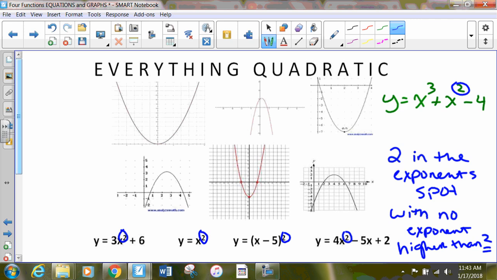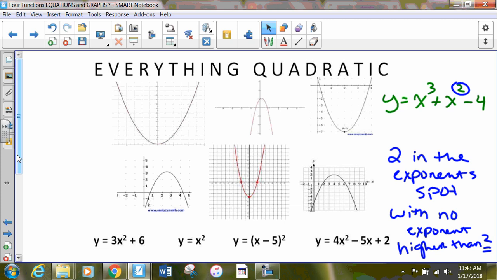Now, there's a reason why we have all of these 2's in the exponent spot, and we're going to take the time to get to know quadratics much better. We have our very own quadratic unit down the road. But right now, what I want your brain to be introduced to is that quadratics look a certain way when you graph them. They look like a U, either right side up or upside down. And quadratic equations have a certain look in that you'll always see a square.